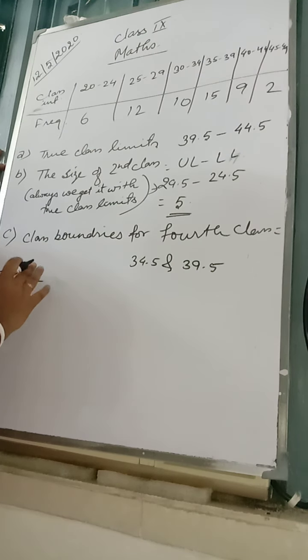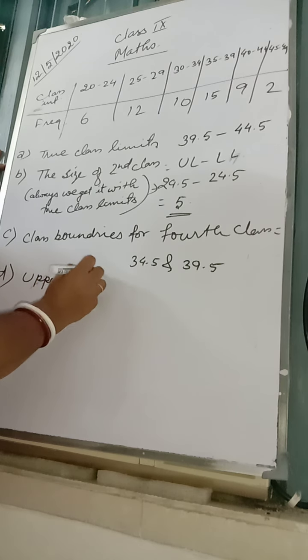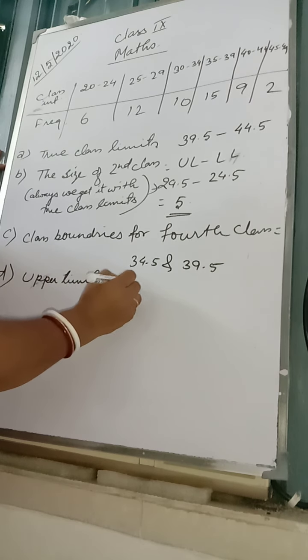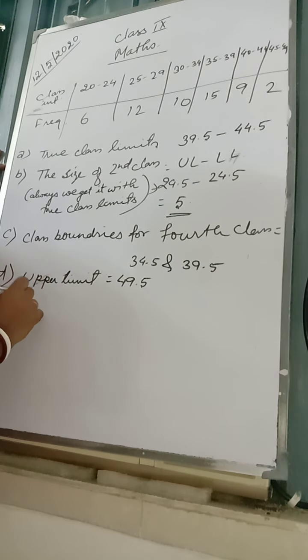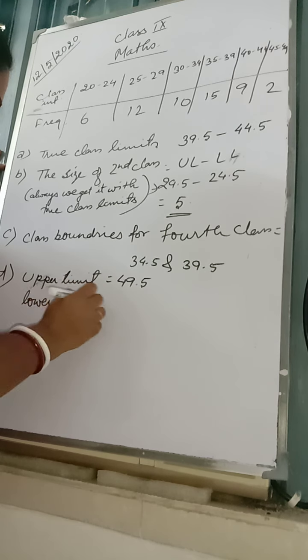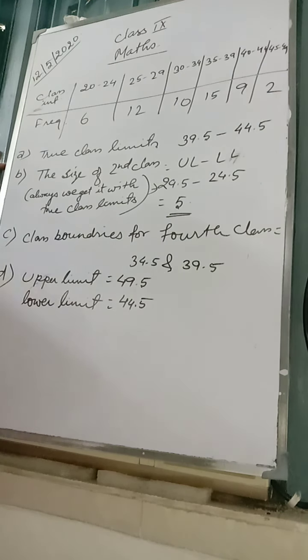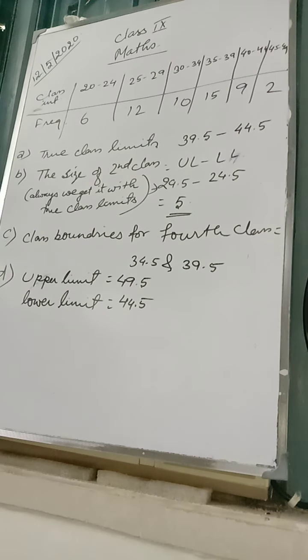Upper limit is 49.5 and the lower limit is 44.5. Always convert into true class limits, then you use what is upper and what is lower.